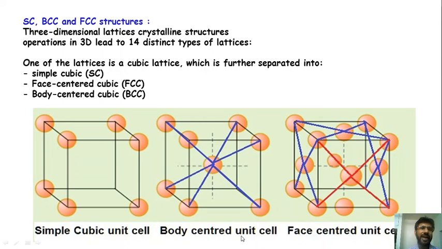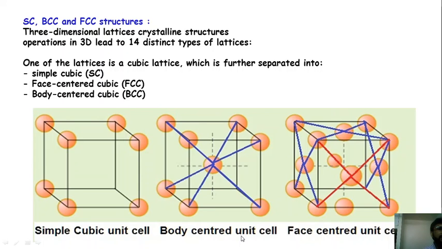One of the lattices is the cubic lattice, and in that cubic lattice there are 3 types of Bravais lattices, or 3 types of Bravais structures.